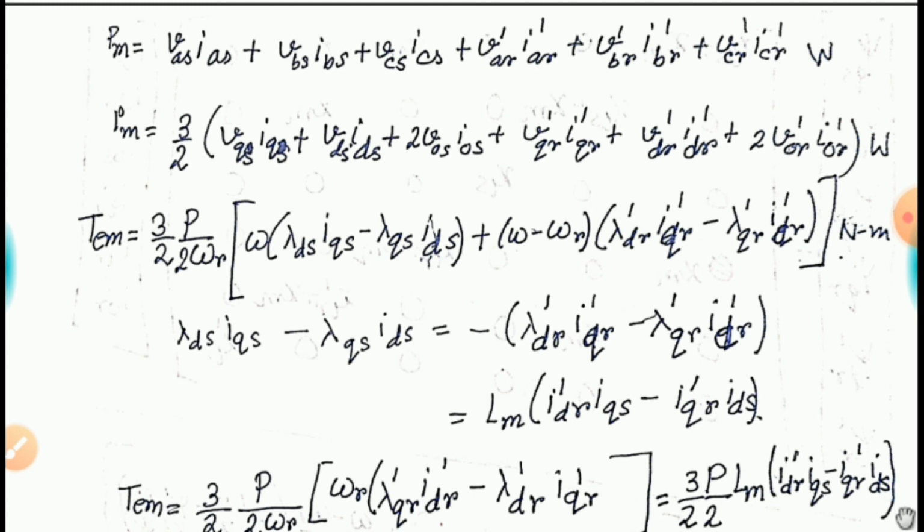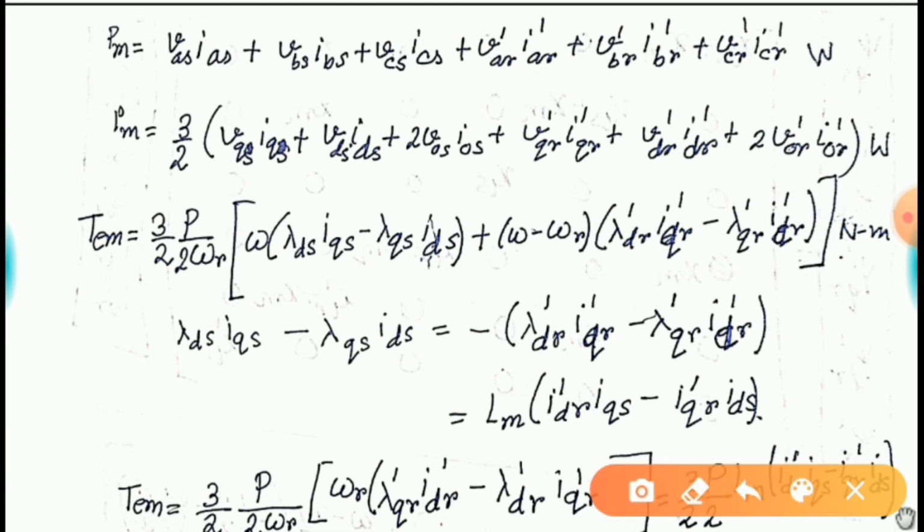When these two, flux and current, are in quadrature, only then can they produce torque, right?